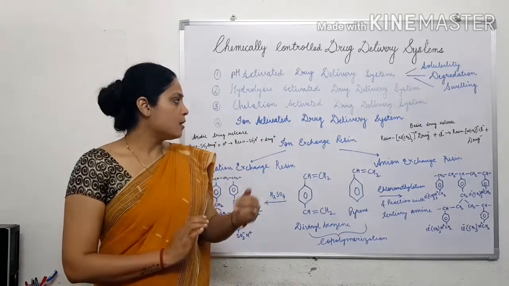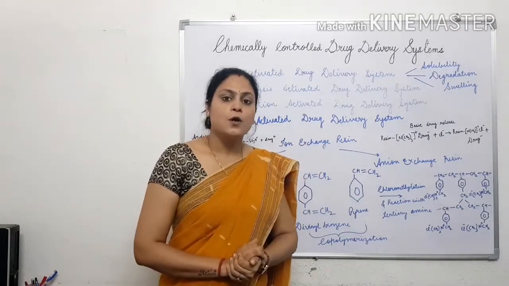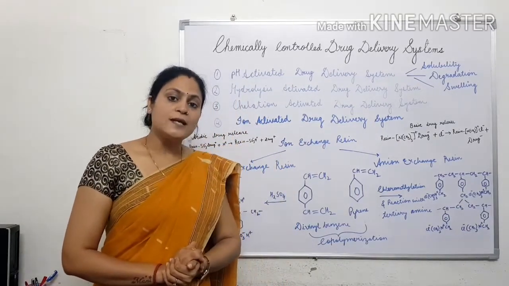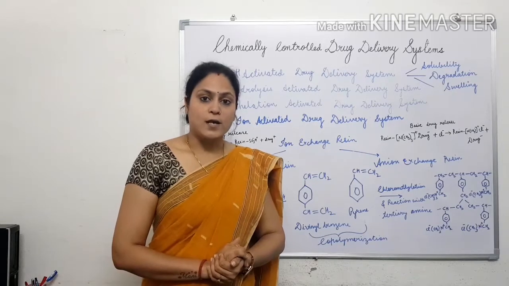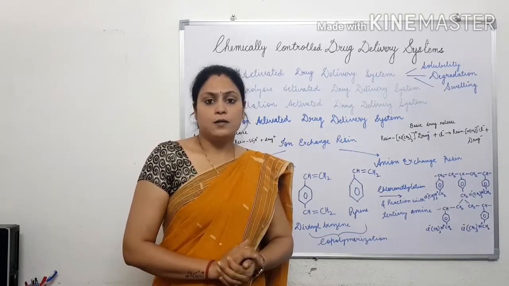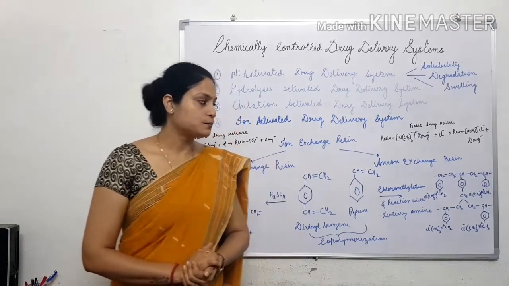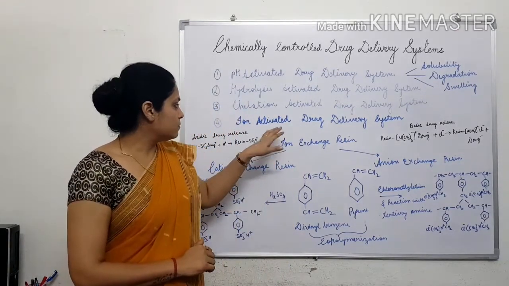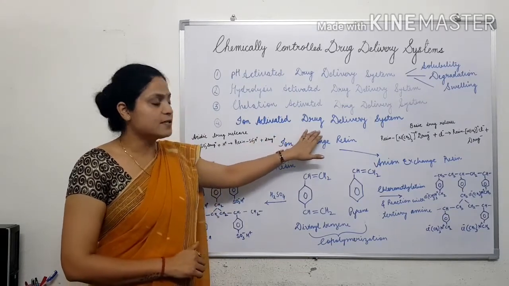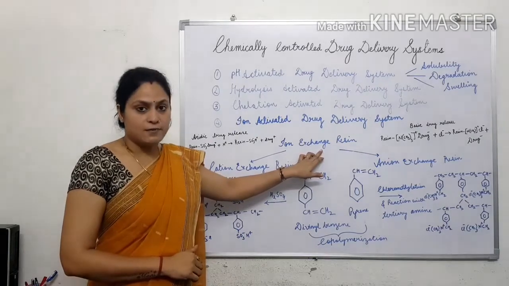So these ion-activated drug delivery systems are used for controlling the delivery of ionized drugs, or the drugs which are easily ionizable. Now, these ion-activated drug delivery systems utilize ion exchange resins.